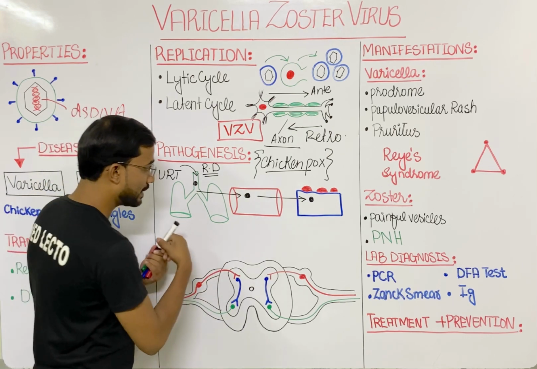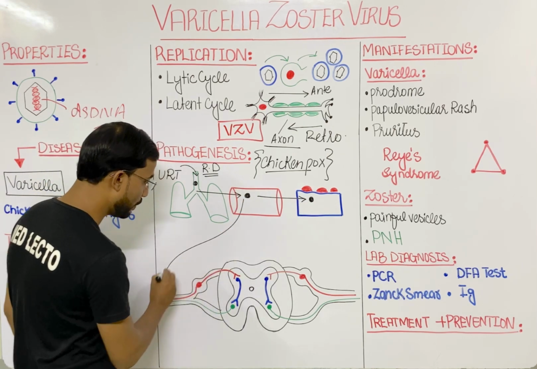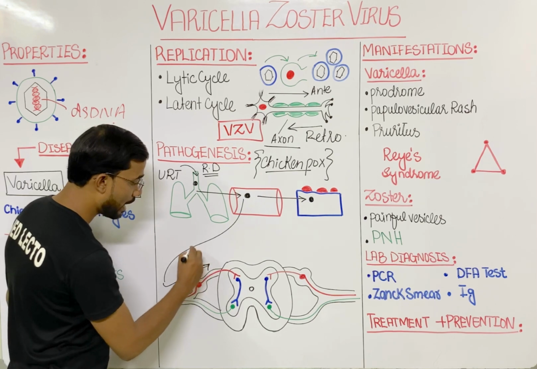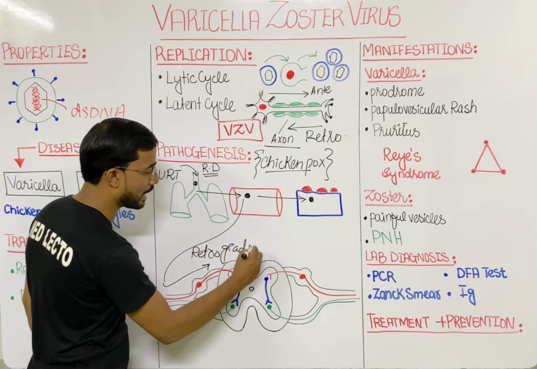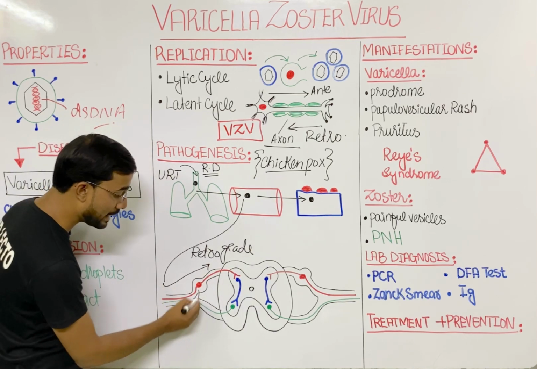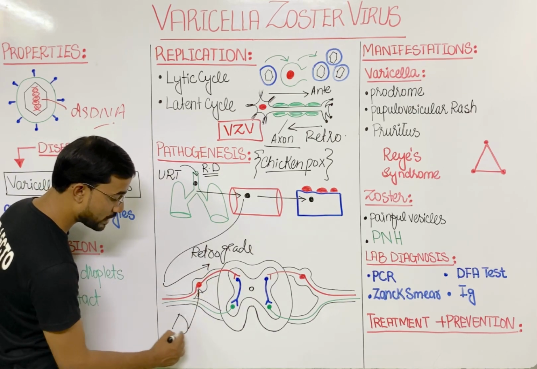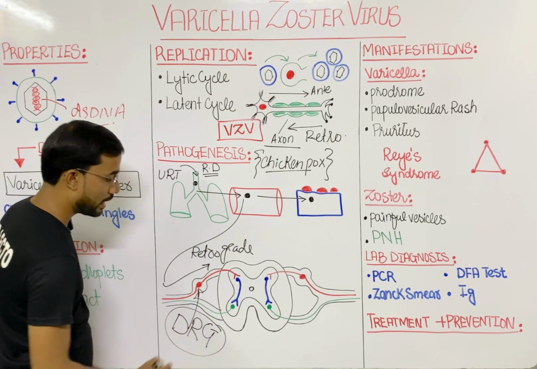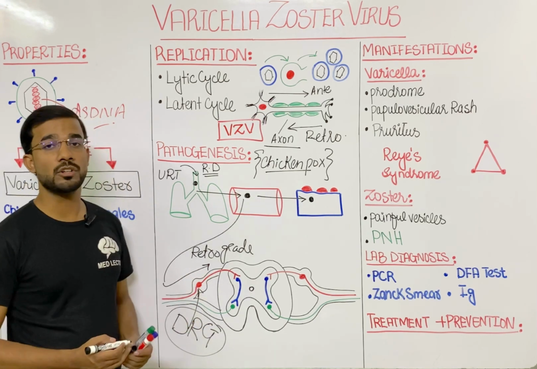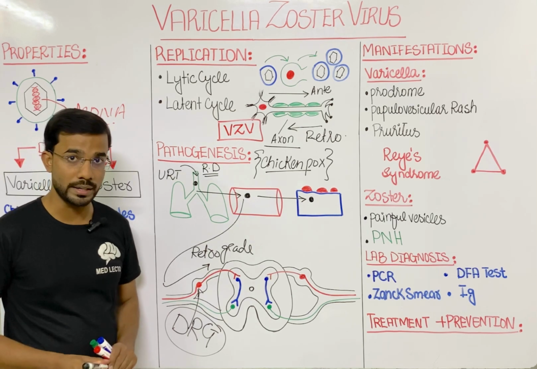But after that, this virus can become latent in the neuron. That virus will go by retrograde axonal flow and become latent in the dorsal root ganglion. That is the latency site of the varicella zoster virus.